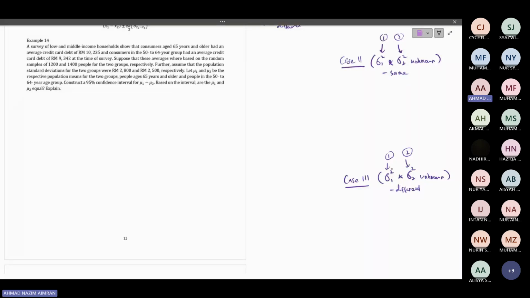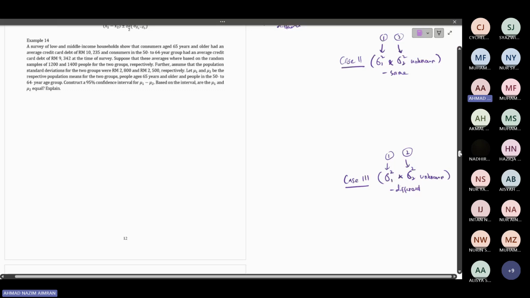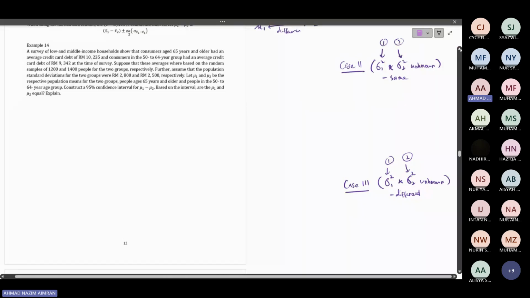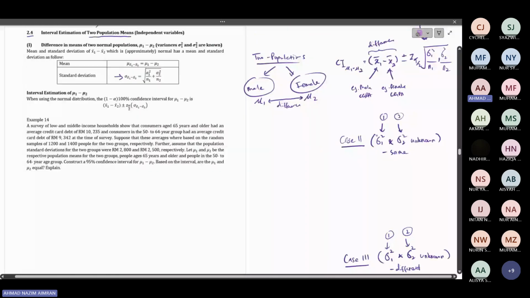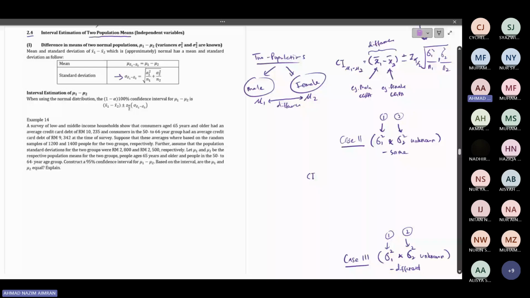For case number two, let's go through the confidence interval formula first. The confidence interval of the difference is given by x bar 1 minus x bar 2, the same as the first one, but now the variances of the populations are unknown.